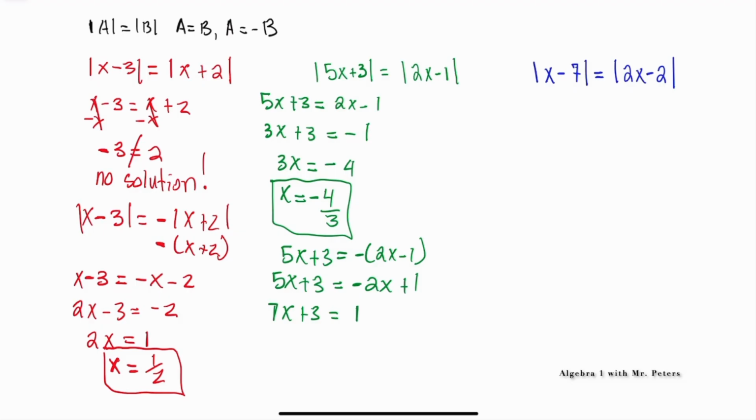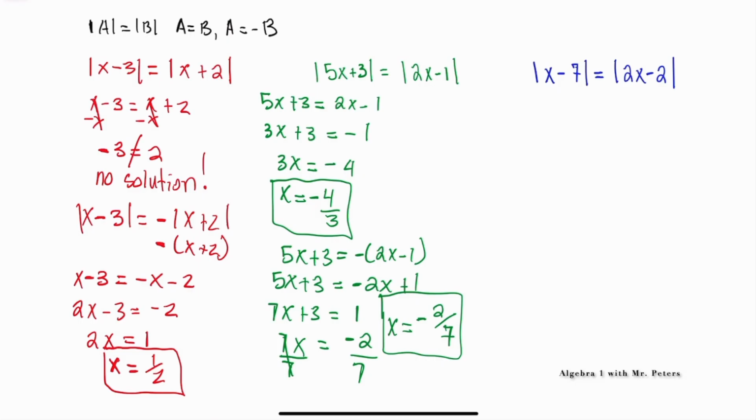And once we subtract 3, we have 7x is equal to -2. Now for the last step, we're going to divide. So we're going to get x is equal to -2/7.